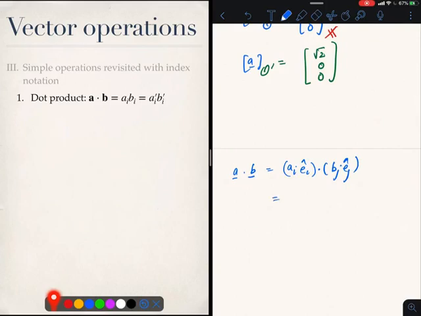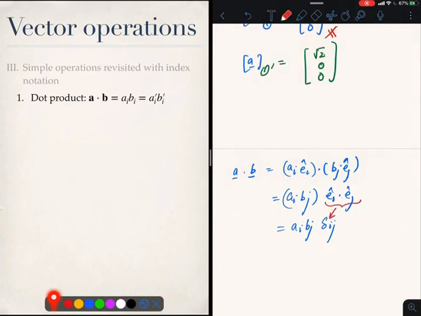Now this is a constant, that's a constant, so let's pull the constants out. So Ai Bj Ei dot Ej, what is that? That is Ai Bj delta ij, right?